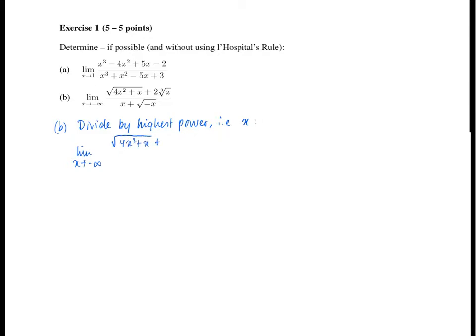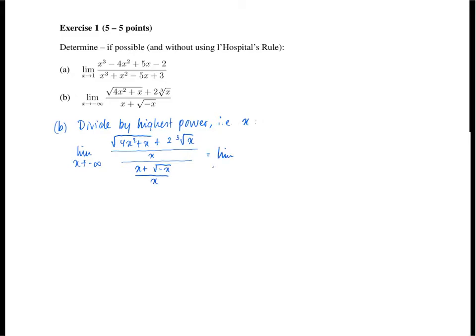So we divide by the highest power in numerator and denominator: the square root of 4x squared plus x plus 2 times the third root of x, divided by x, and this again divided by the numerator x plus square root of minus x, divided by x.